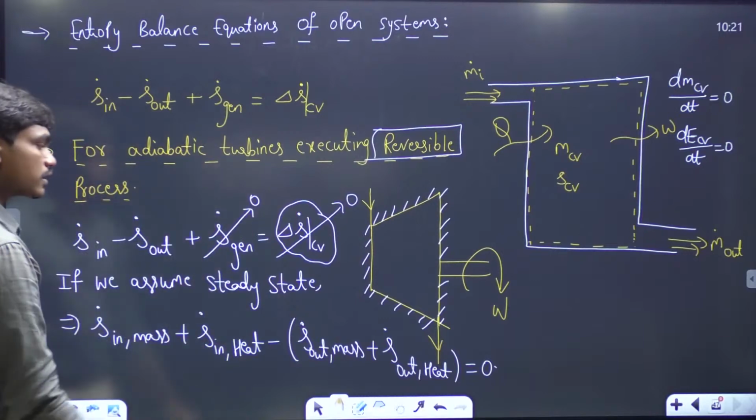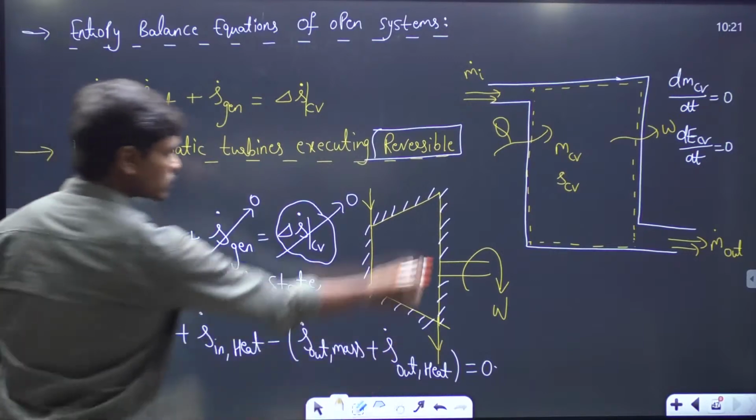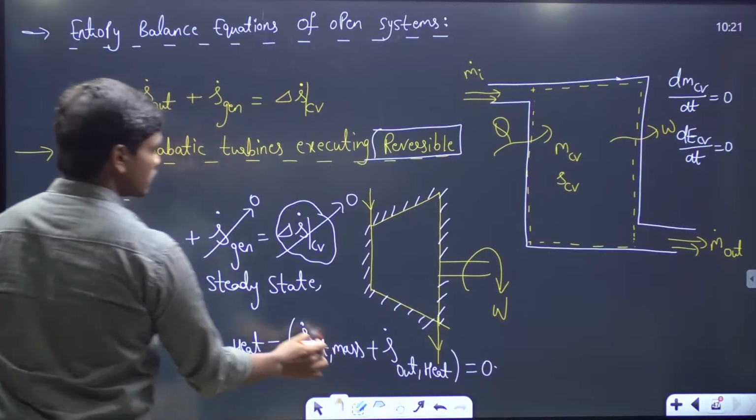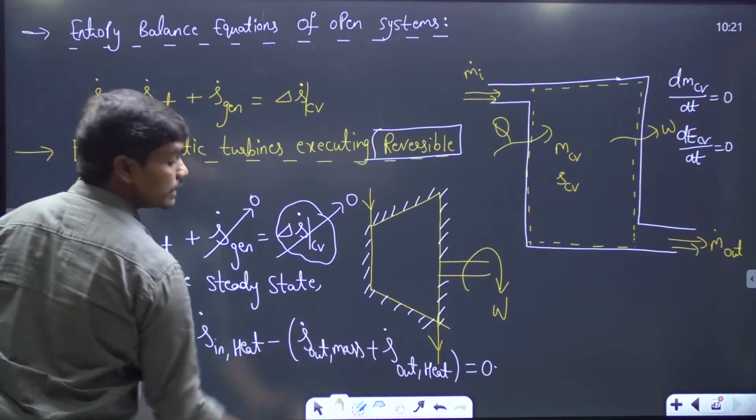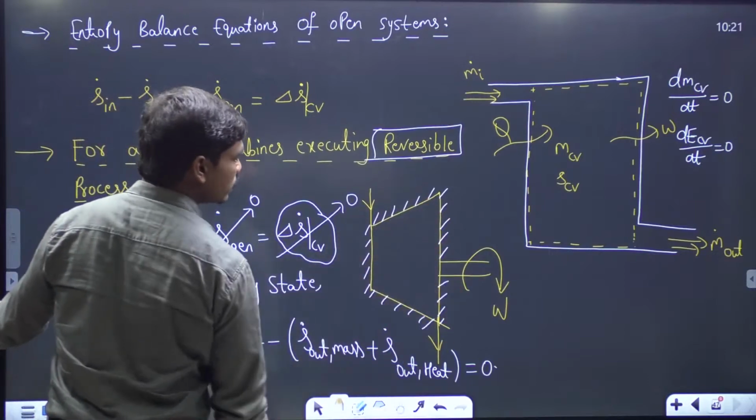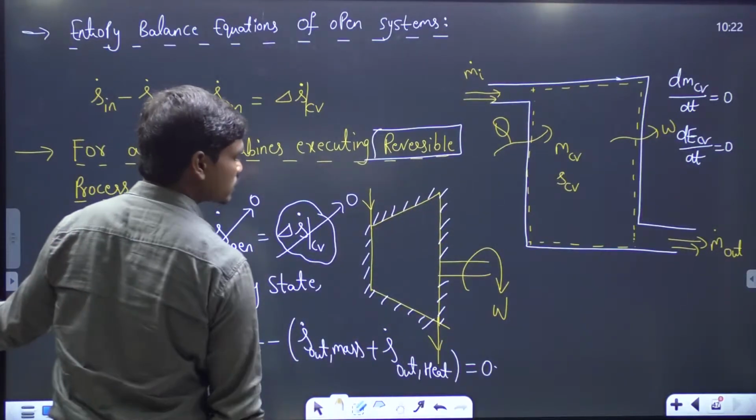We have seen, correct? And of course the turbine is well insulated, which means the entropy coming in or going out should go only with masses but not heat, because the turbine is completely insulated, so there is no heat interaction within the system.